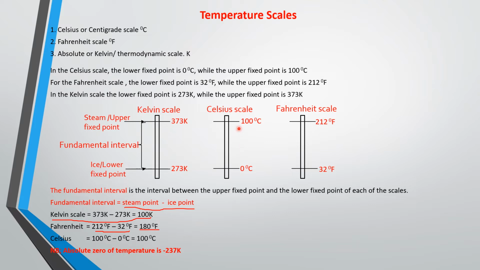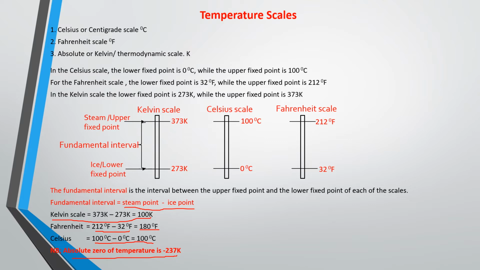Then on the Celsius scale, it is 100 minus 0, so that gives you 100 degrees. Absolute zero of temperature is minus 273 Kelvin. These are what you need to take note of.